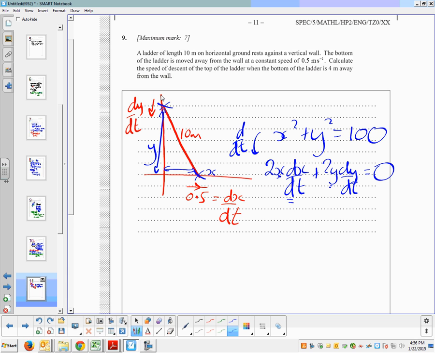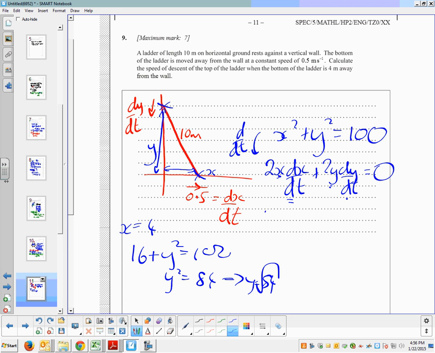We can get a value for y. Calculate the speed of descent at the top of the ladder when the ladder is 4 meters away from the wall. So when x is 4, we get 16 plus y squared equals 100. y squared is 84, so y equals the root of 84.